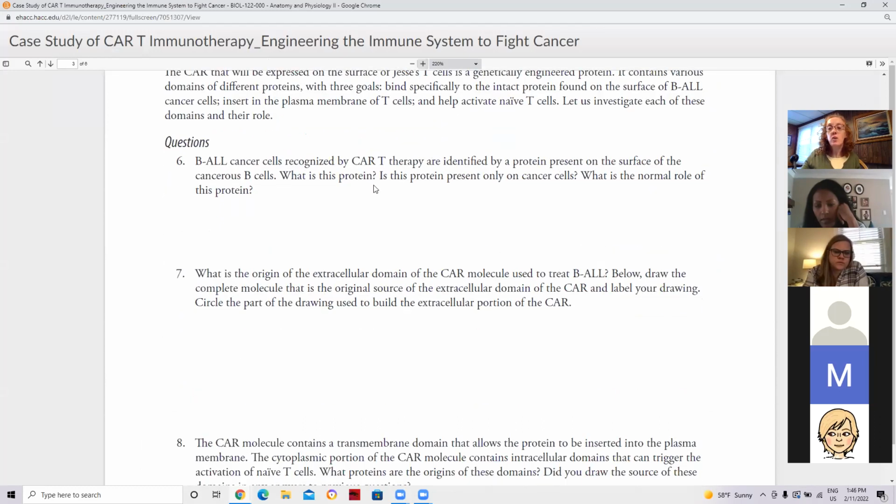So what is this protein? It's CD19. Is this protein present only on cancer cells? It's a hard question to answer.